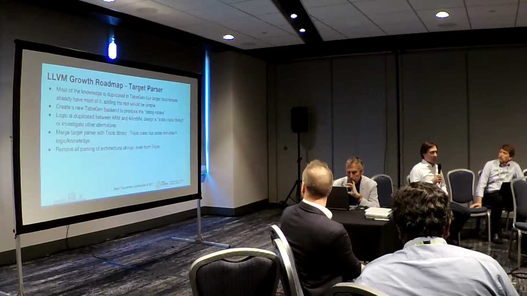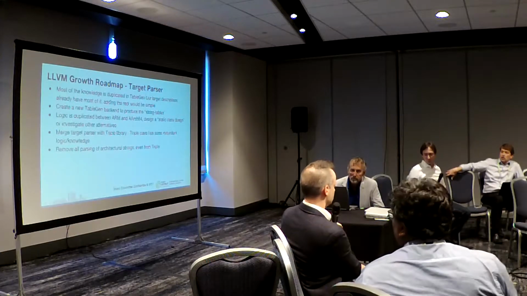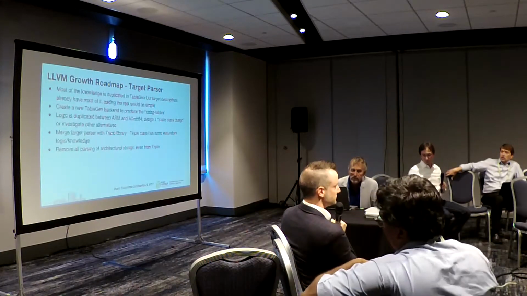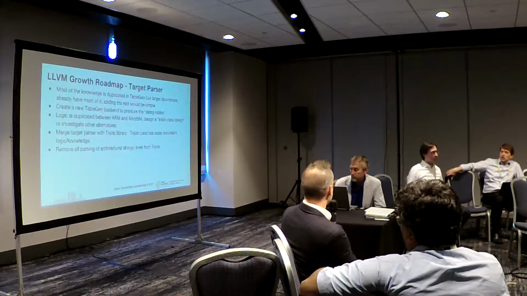I'm actually aware that there are some member companies with downstream compilers that already have a TableGen backend that just isn't contributed because it's encumbered by IP or proprietary knowledge. So this is already happening in some places. It's just this should happen in the default implementation.